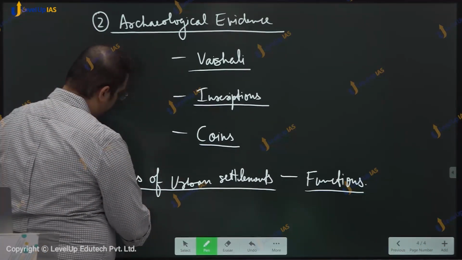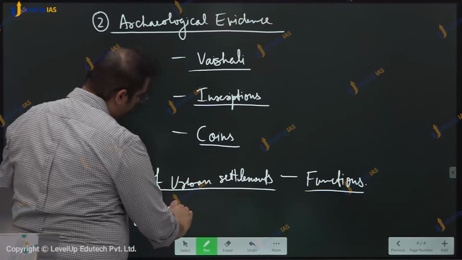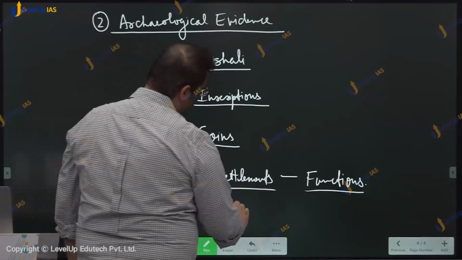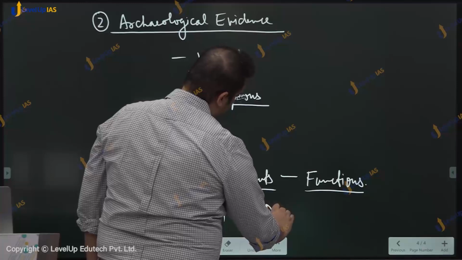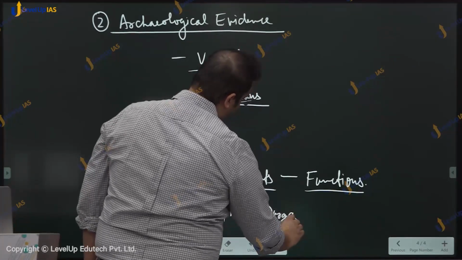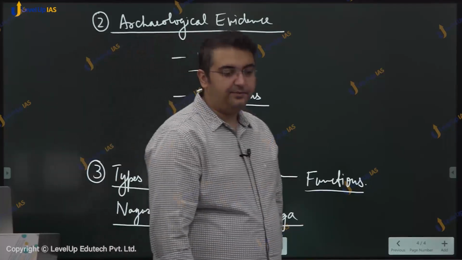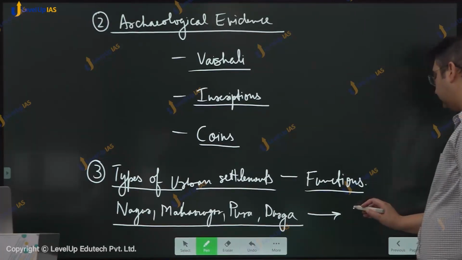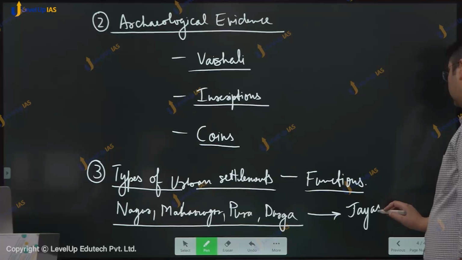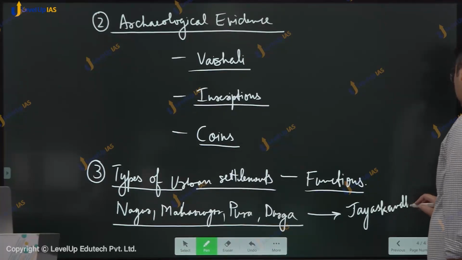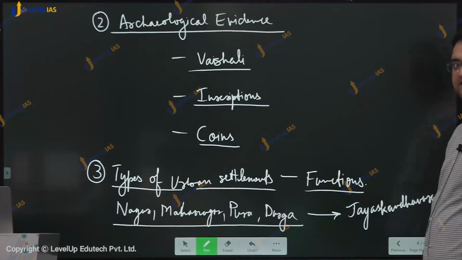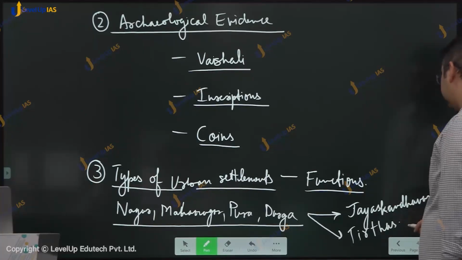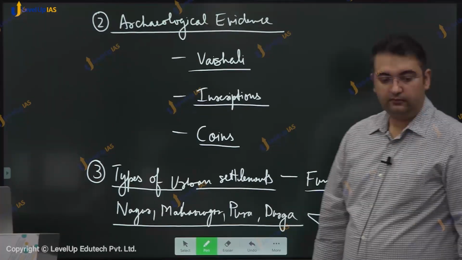The Nagar, महानगर, पुरा, दुर्ग of the earlier period were replaced by Jayaskandhavaras and Tirthas. Stop.